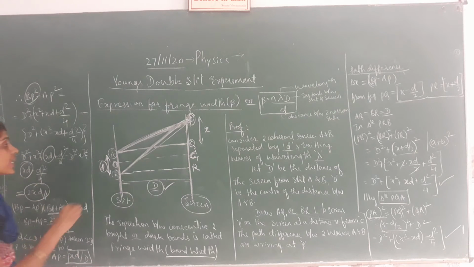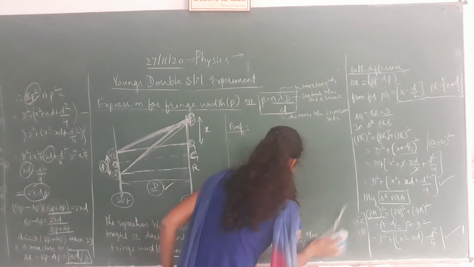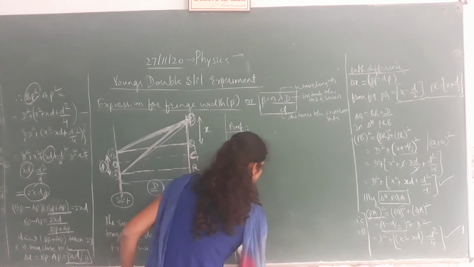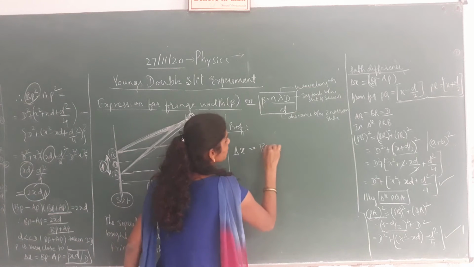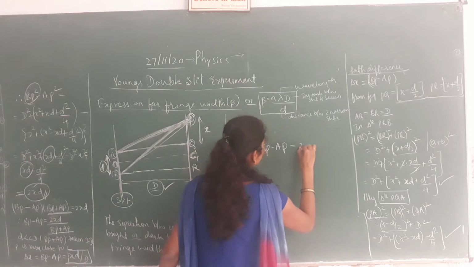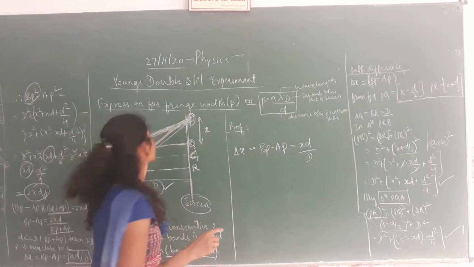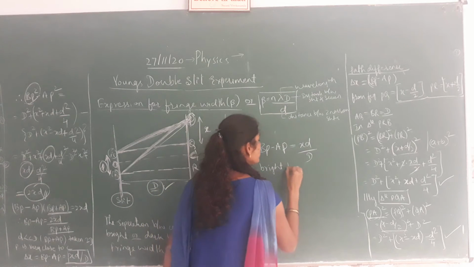Therefore path P is very close to C. So the path difference delta x is equal to BP minus AP, that's equal to xd divided by capital D. Up to here we derived, after simplification, path difference delta x is equal to BP minus AP equals xd divided by capital D. Same thing for n bright fringes.